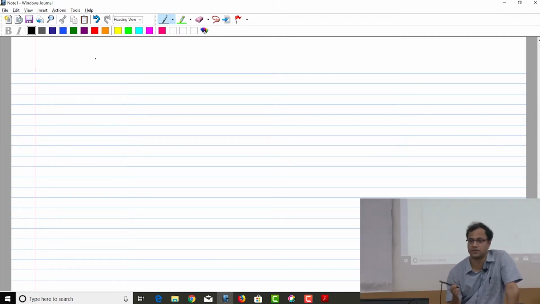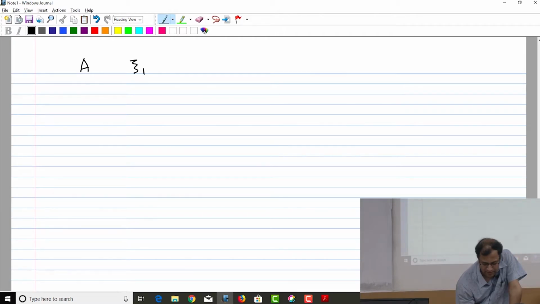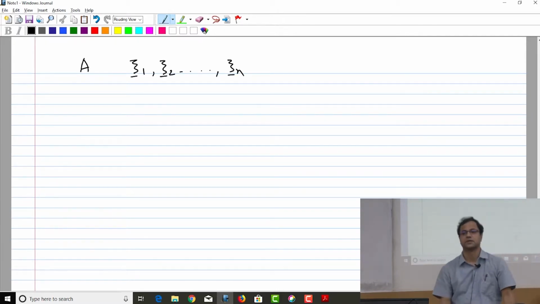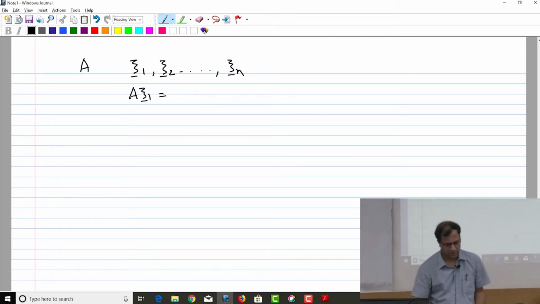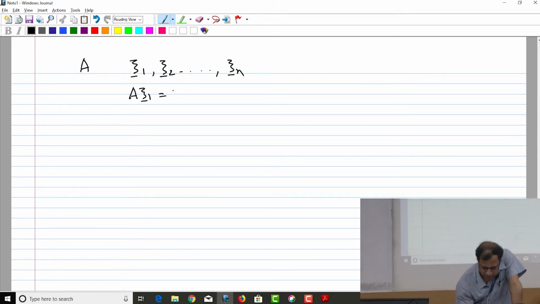So the matrix A is n by n, and we are saying that it has n independent eigenvectors. We are not giving any condition for when it will have independent eigenvectors. We are just saying that the matrix A has independent eigenvectors xi1, xi2, up to xin. Applying A on xi1, we get lambda 1 times xi1.